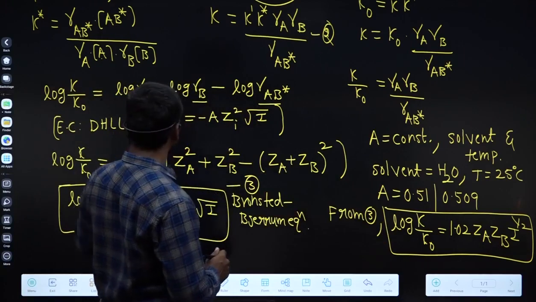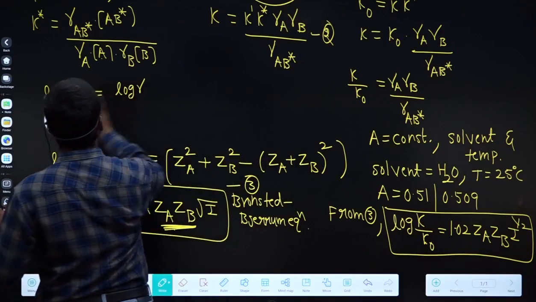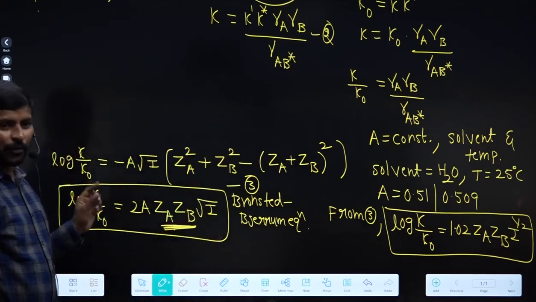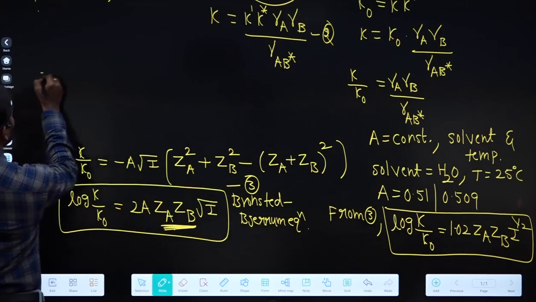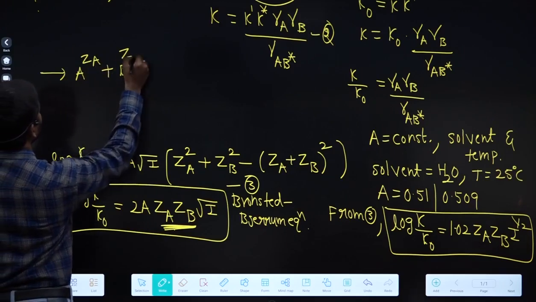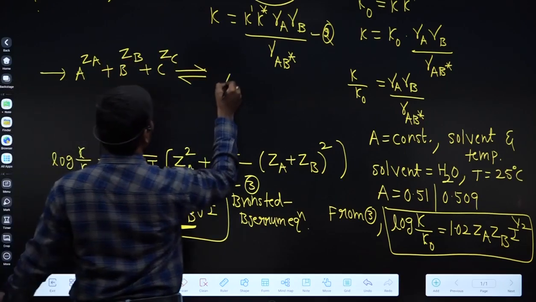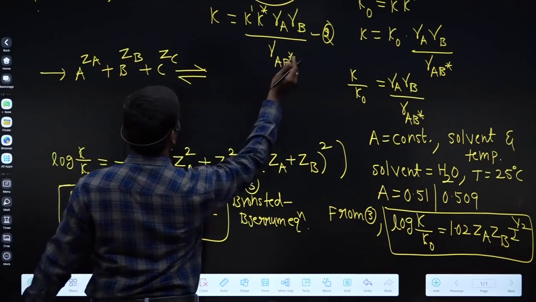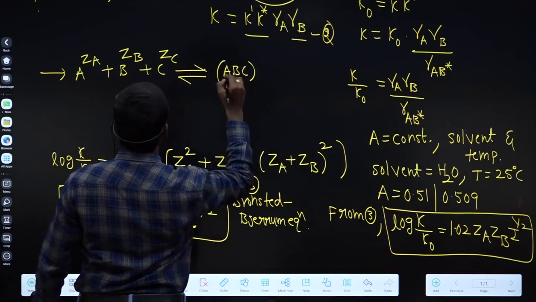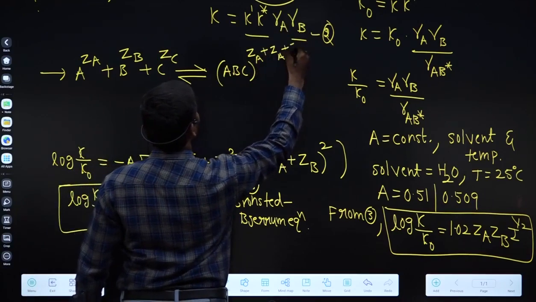I gave the derivation since once a question was given in CSIR involving 3 ions, and for that purpose I gave the derivation. In that question the reactants are A, B and C, so the activated complex has charge Za plus Zb plus Zc.